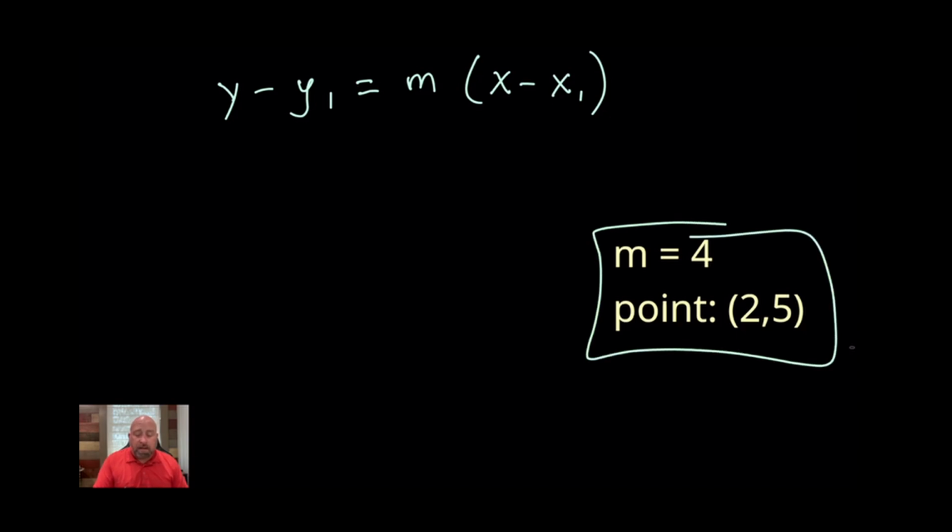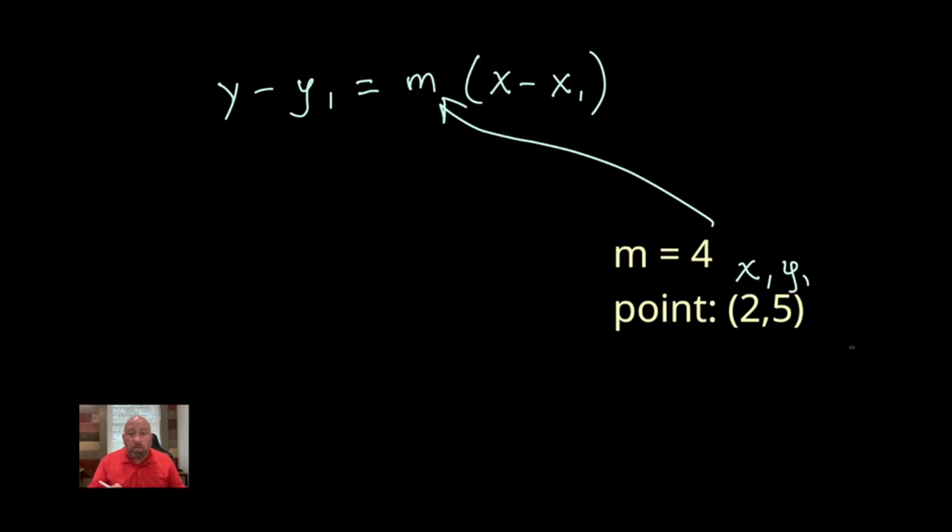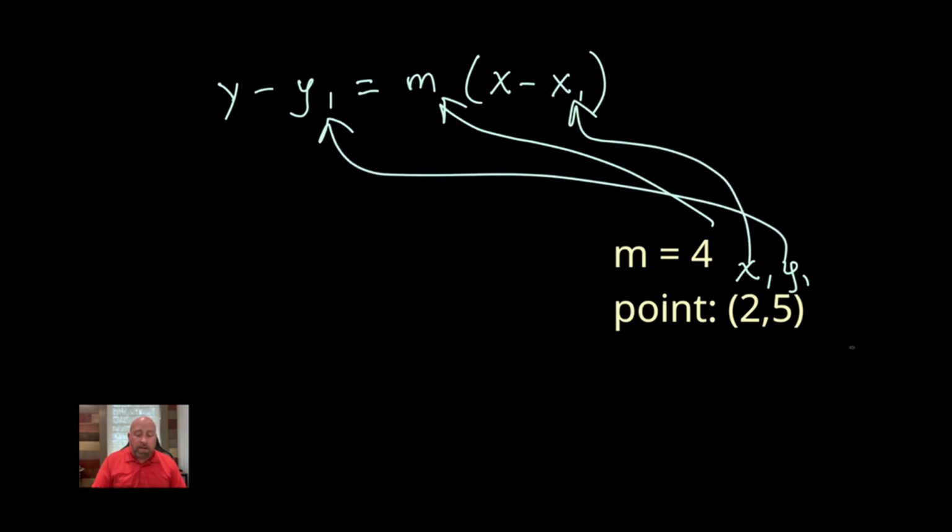This is our given information. We're going to take the slope 4 and plug it in right there for m. Then this is going to be our x point and this is going to be our y point. Because we only have one point, we're going to plug the x point into here and the y point into here.